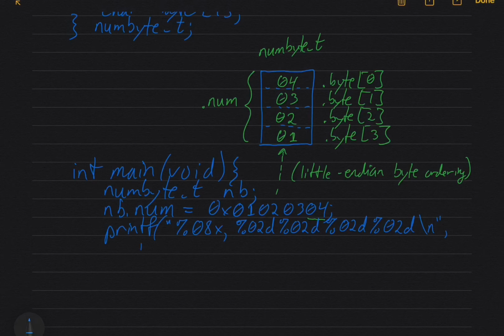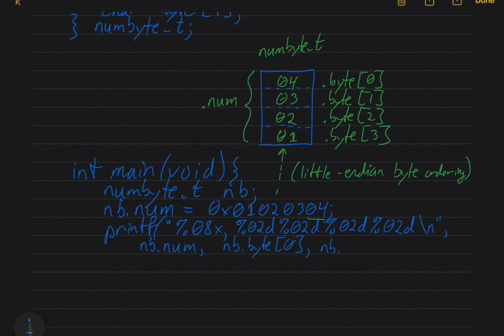So first, we're going to print out the num, that's that 4-byte value, and we should just get printed out what we wrote, the value that we assigned to it, the 01, 02, 03, 04. But now we're going to print out the bytes in order. So nb.byte[0]. It's a little tedious.